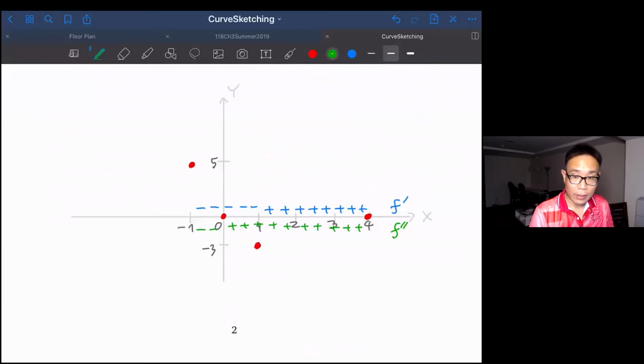Okay, and you have the inflection point and the local minimum. So this one is the local min, and this one is going to be the inflection point.